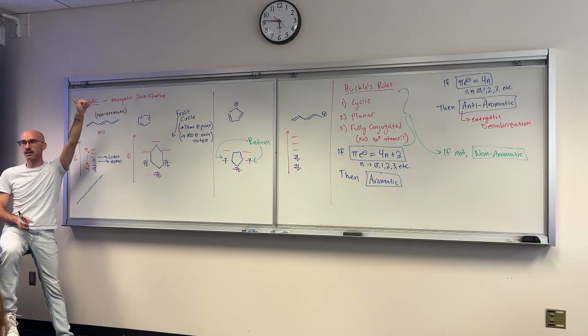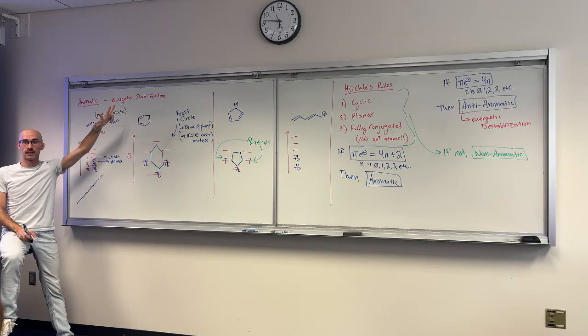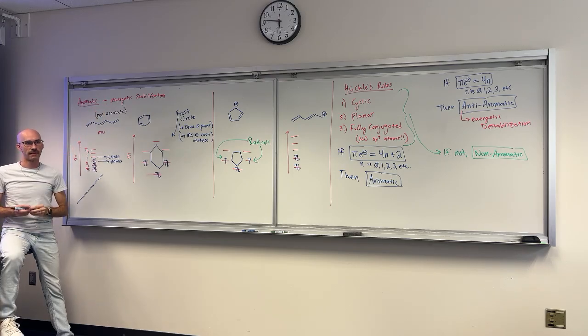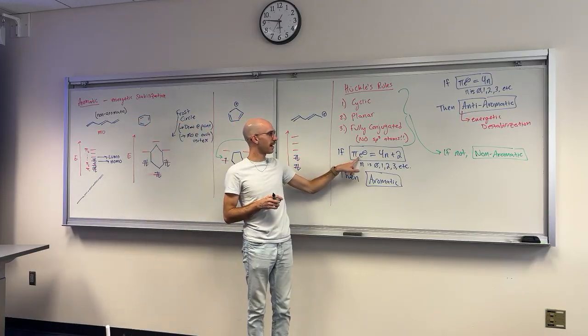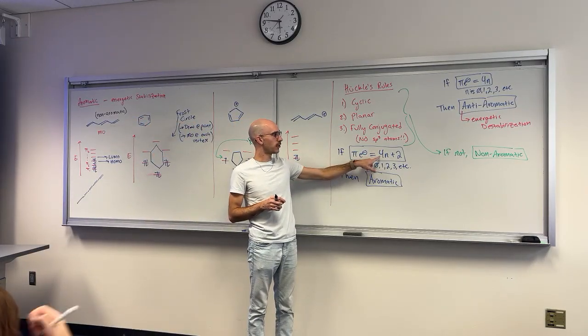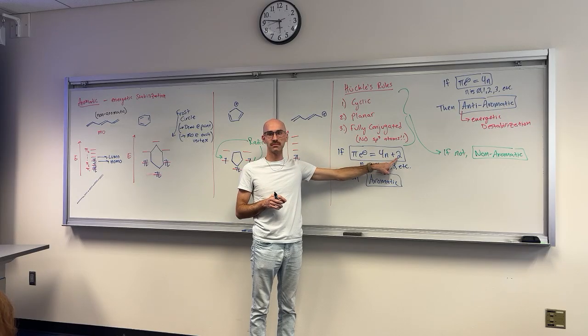Benzene, is it cyclic? Is it planar? Is it fully conjugated? Yes to all of those. How many pi electrons does it have? 6. 6 pi electrons is equal to 4 times 1 plus 2.